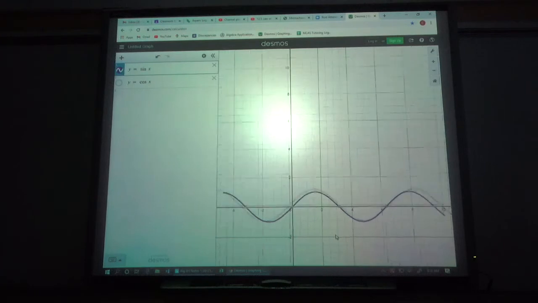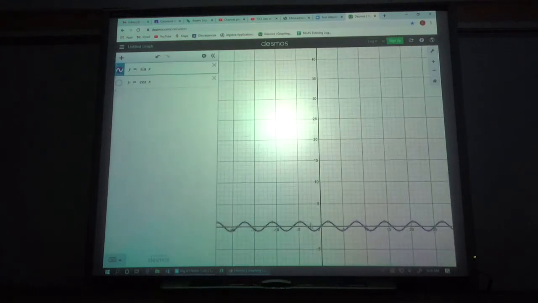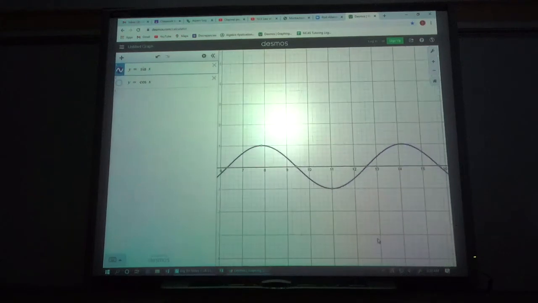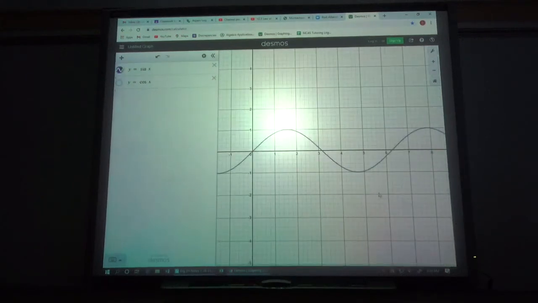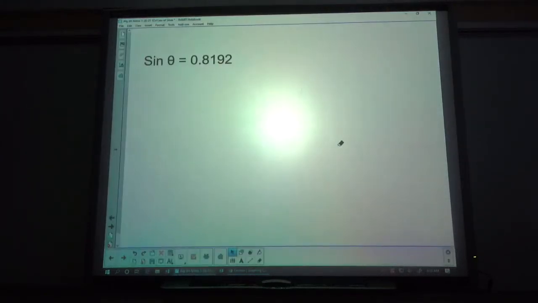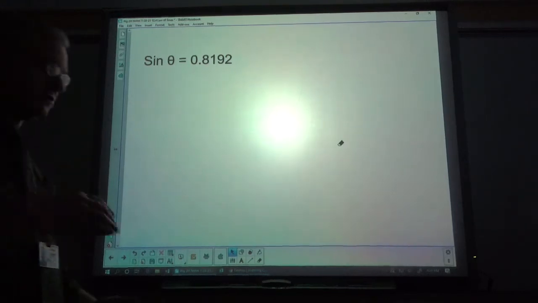And it oscillates, you can see, from -1 to +1 as it goes along. Since it doesn't go below -1 or above +1 anywhere on its graph, then the value of sine is only between those two.